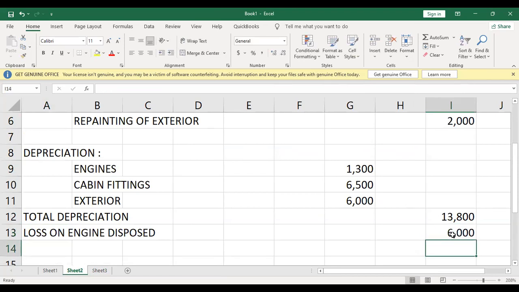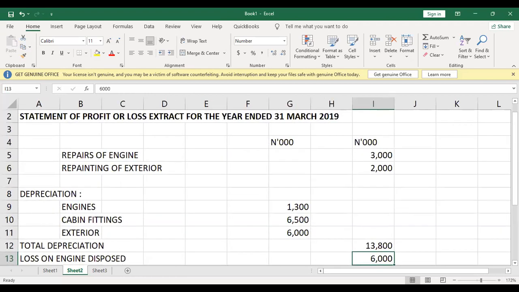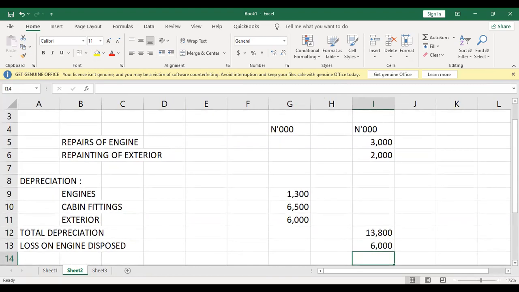Okay, so let's add our total operating cost. What do we have? Yes, sir. For the depreciation, engine, cabin fittings, and exterior, the figures are 1,300, 6,500, and 6. Okay, it's clear. So what do we have as total operating costs?